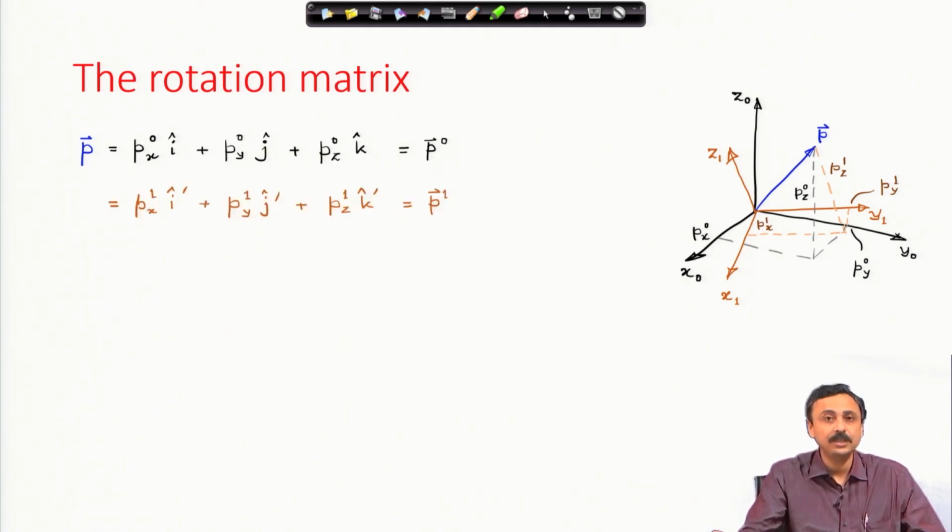The vector p, mind you, is the same. Similarly, I can write that same vector p as p x 1 i cap dash plus p y 1 j cap dash plus p z 1 k cap dash. Same vector, but just to distinguish that their representations can be different, I am writing p superscript 1.